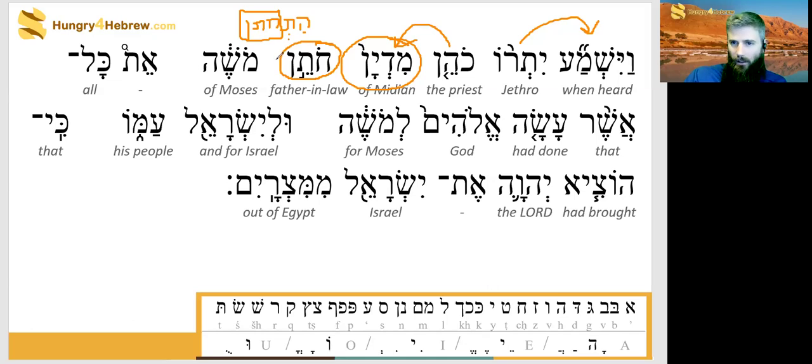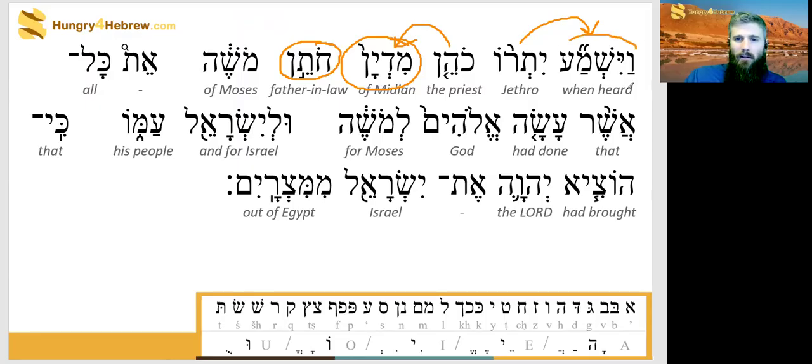We are father-in-lawing, not really, but we are getting to the point where we can relate these two, choten and hitchaten. Moses's father-in-law, choten, is Yitro.